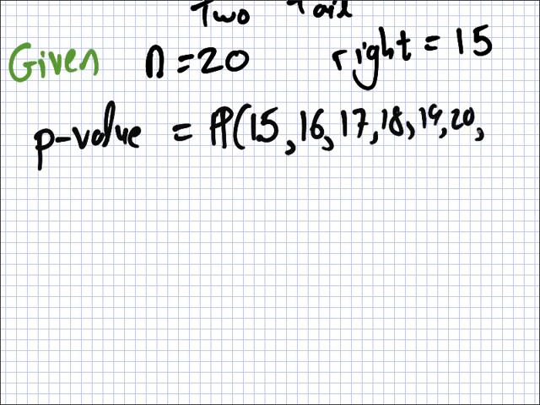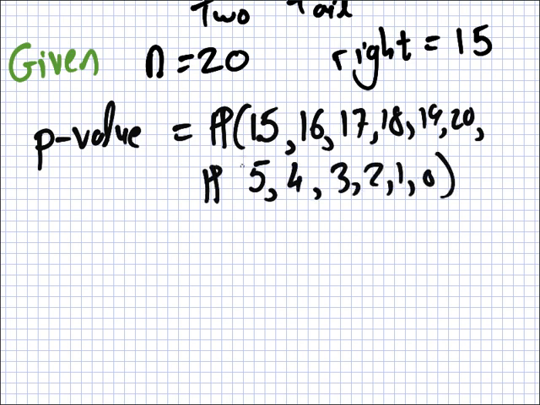But we have to be careful. There's another possibility. They could get 15 right, but the other tail is 15 wrong, which would mean 5 right, 4, 3, 2, 1, or 0 right. Oh, you said 15. Sorry.